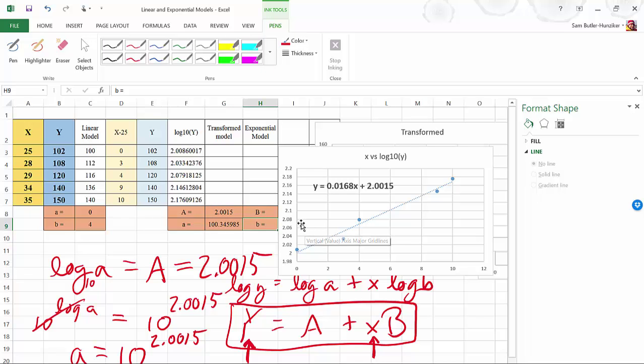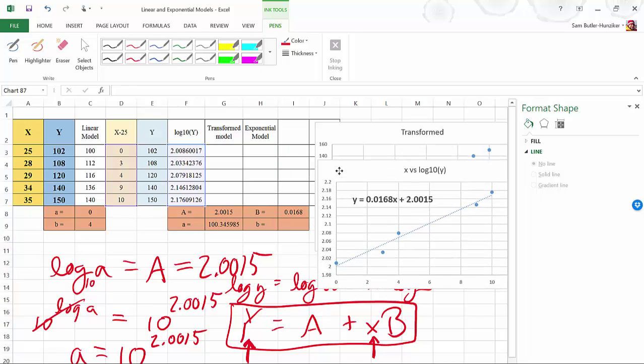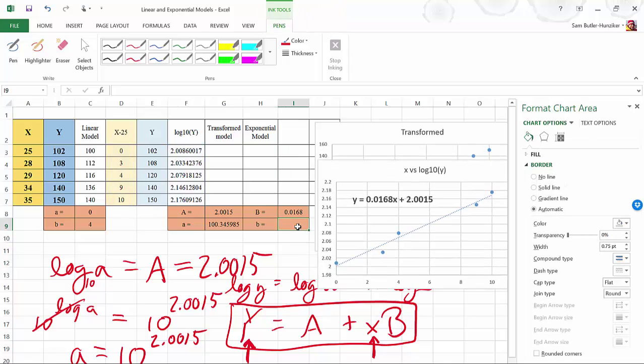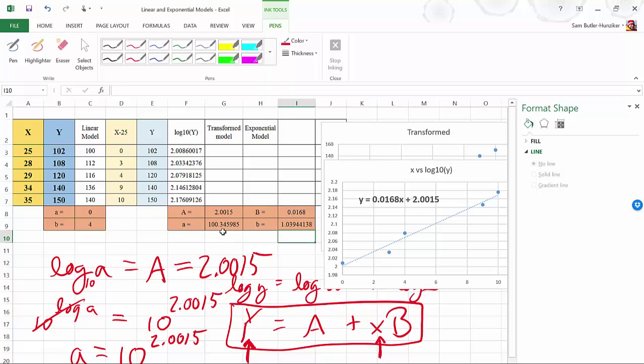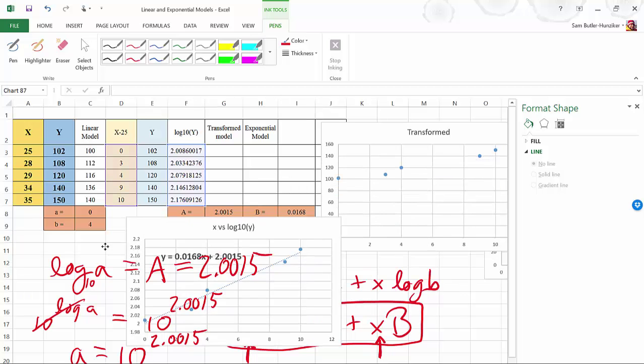To get little b, we'll do the same thing. So this is equal to 10 to this cell's value. Hit the go button, and we have a proposed initial value and b value, or base value. If we look at both of these, we can ask ourselves, does this make sense based on our knowledge of the subject matter?